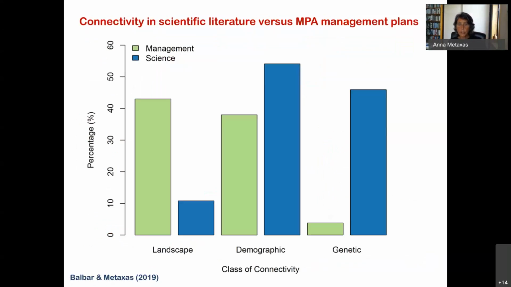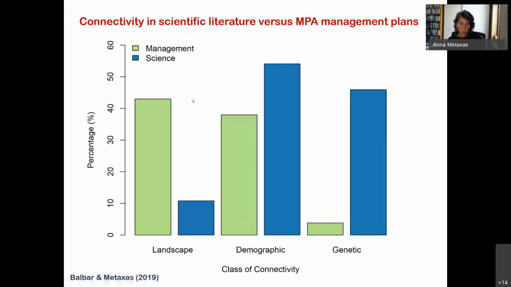And so, when we looked at the literature to try to understand whether scientists and managers are looking at connectivity the same way, what we found was a big disconnect. What you see in green here is the percentage of studies done by managers or management plans for marine protected areas that looked at connectivity.